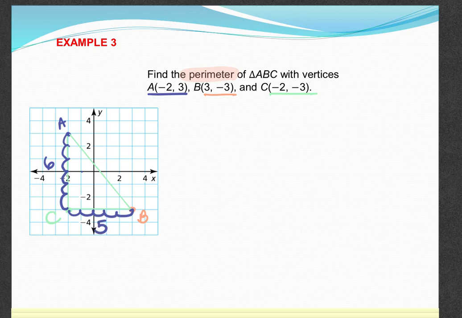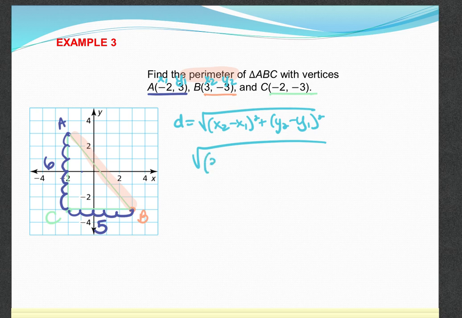Now to find the third side, which is AB, I'm going to use the distance formula. Distance equals the square root of (x2 minus x1) squared plus (y2 minus y1) squared. And it doesn't matter which ones I make the 1s or the 2s, as long as I'm consistent. So if A is x1, y1, then B would be x2, y2.